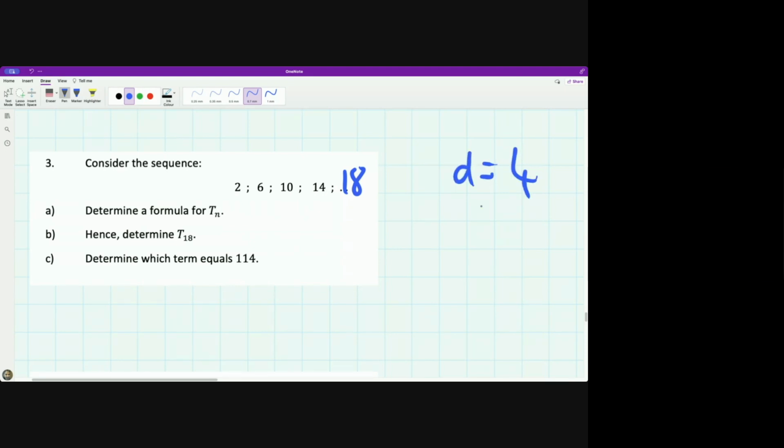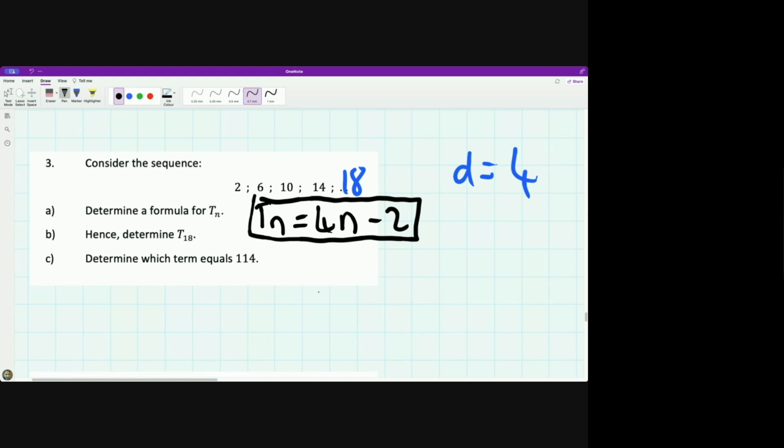We can see that D is 4. What's the next one going to be? I'm starting to feel like there's a bit of a pattern to these patterns. So now I've got 4, but I want to get to 2, so I go minus 2. What is T18 going to be?